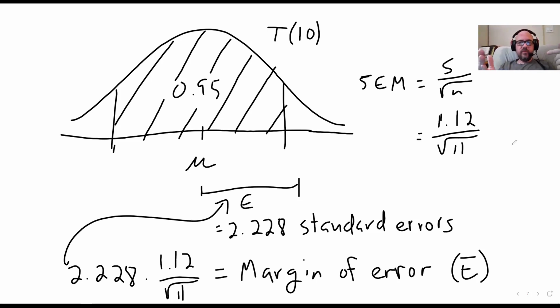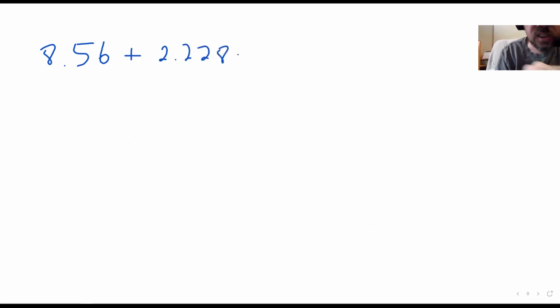So what I'm going to do is take my sample mean, which was 8.56. So I'm going to get 8.56 plus 2.228 times 1.12 over the square root of 11 for the upper bound of my confidence interval.